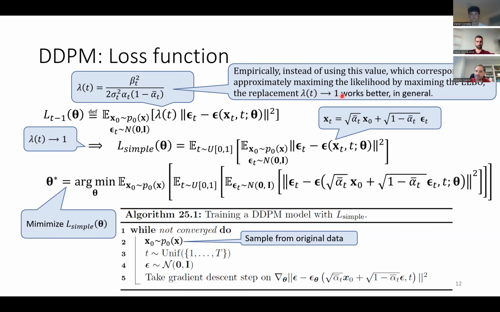They just take lambda t equal to 1, which gives you an even simpler loss function, which is just basically the mean square of your prediction. Predicting just the mean square is easier than predicting this quantity, which is the one that you derive from the ELBO. Remember, we were trying to maximize the likelihood. We wrote it in terms of maximizing the ELBO, and by manipulating, since everything is Gaussian and the expressions are relatively simple, you end up having this quantity, or a collection of these quantities.